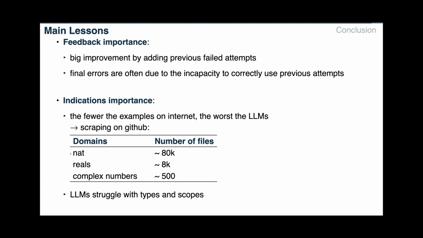For example, it's quite good with natural numbers, but has a hard time with complex numbers. And so helping models in those fields can really improve their capacity and performance.